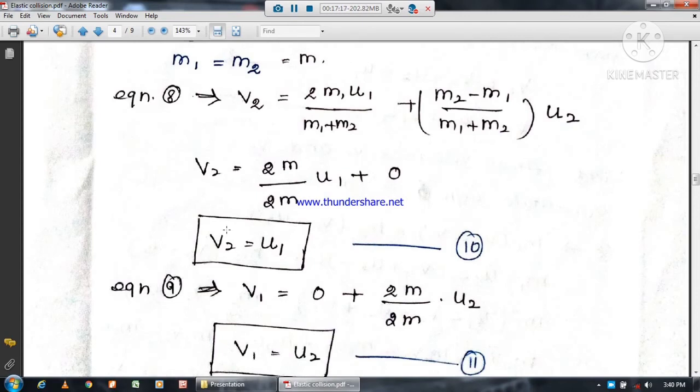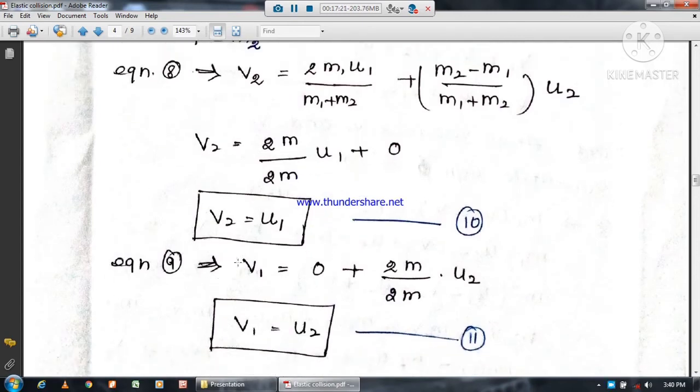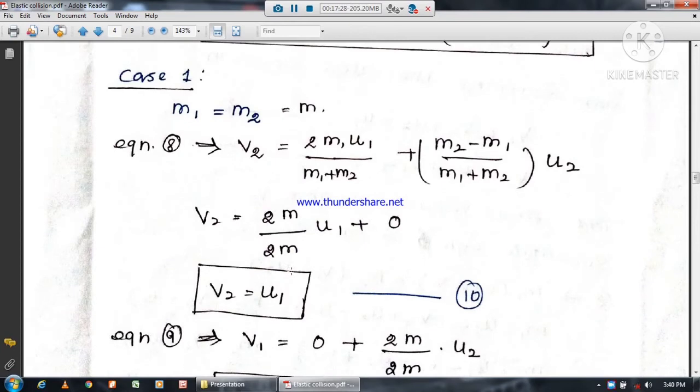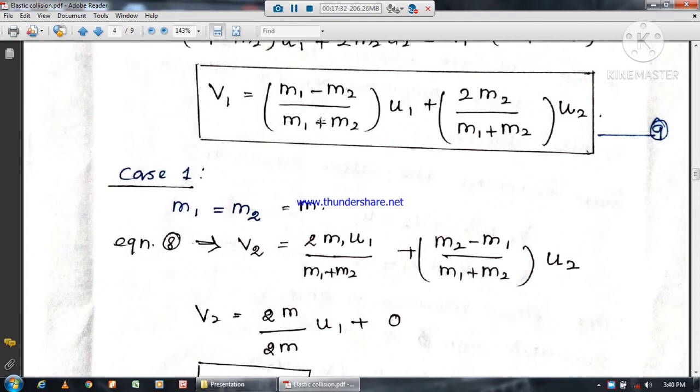And in equation number 9 we put m1 is equal to m2 is equal to m. So in the 9th equation, v1 is equal to m minus m, that is 0.